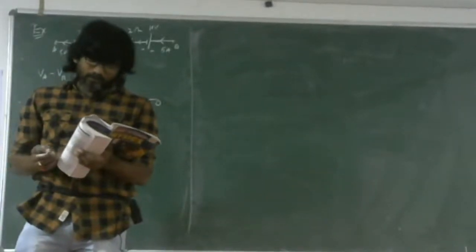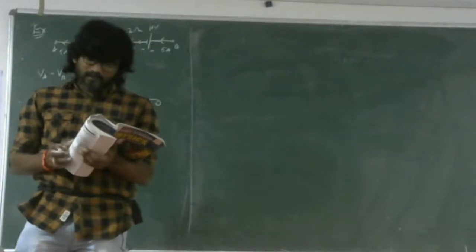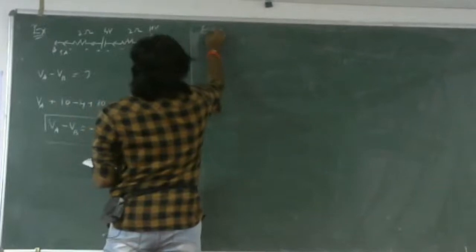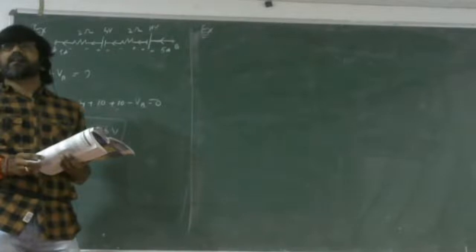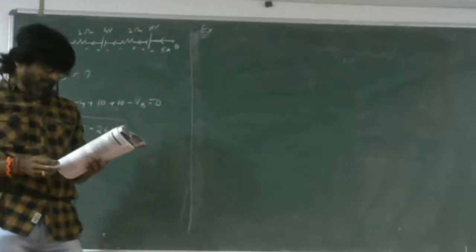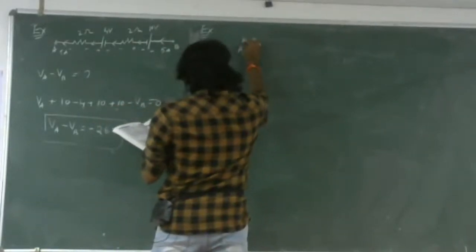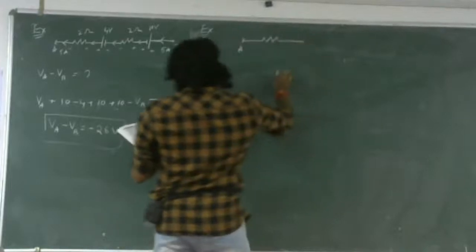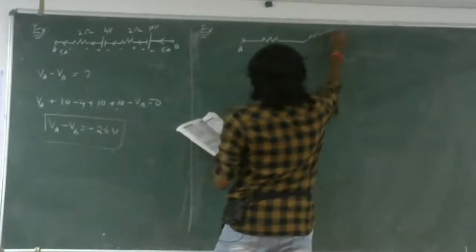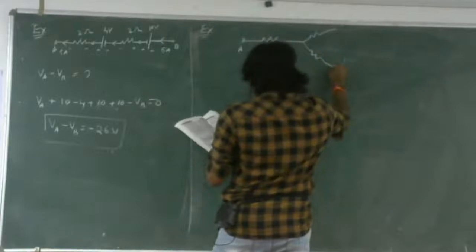So next question, see here. The circuit shown in figure, the current I is. The circuit has point A connected to a resistor, then to another resistor, then to one more resistor.